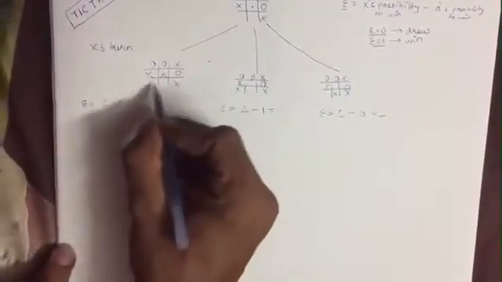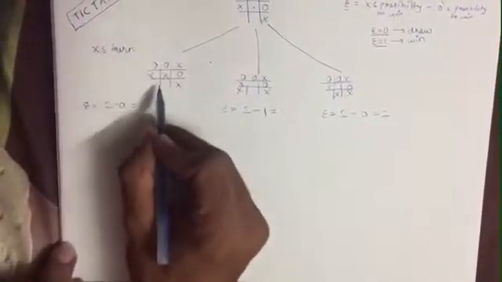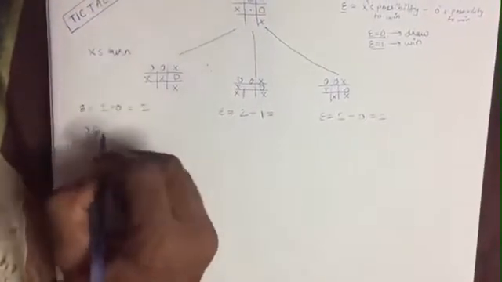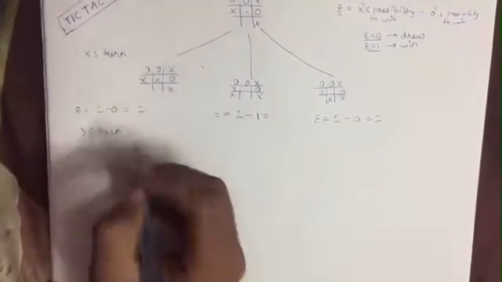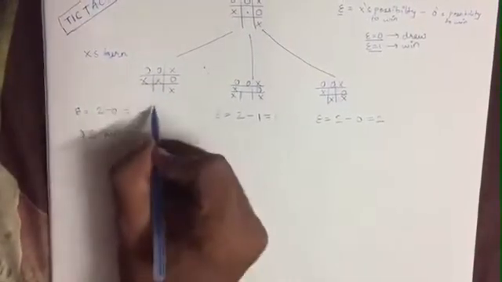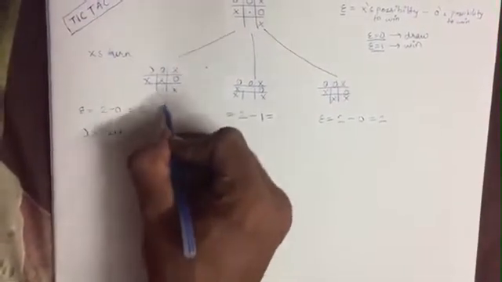Now you have to again go ahead and keep, now it is O's turn. So you can keep O over here, two possibilities. So you have to do 1 and 2.